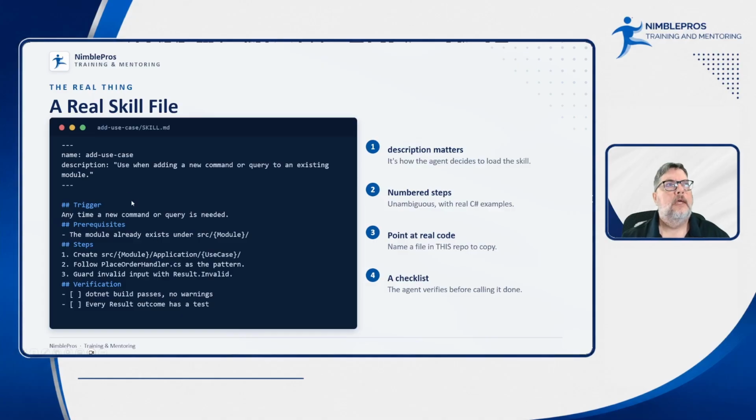Here's what you would do. And this header up here is very important because this header is part of what is needed to tell the AI agent when it is appropriate to use this skill. So you need to have a name, you need to have a description, and that description needs to be clear. It should be concise, but it should be clear as to when this skill particularly gets implemented.